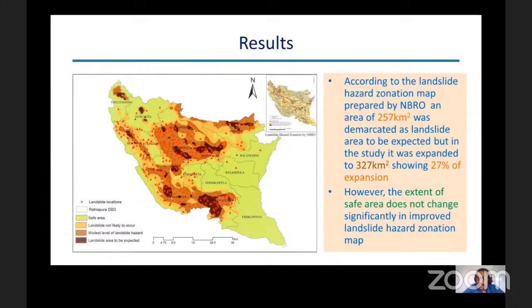However, the extent of safe area does not change significantly in the improved landslide hazard zonation map. In this map, you can see in the upper right-hand corner the map prepared by the NBRO. This is the updated map introducing land use and land use change.